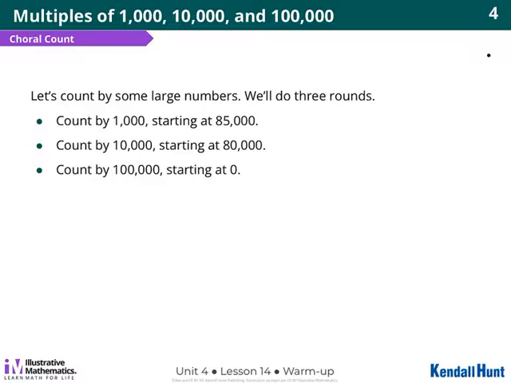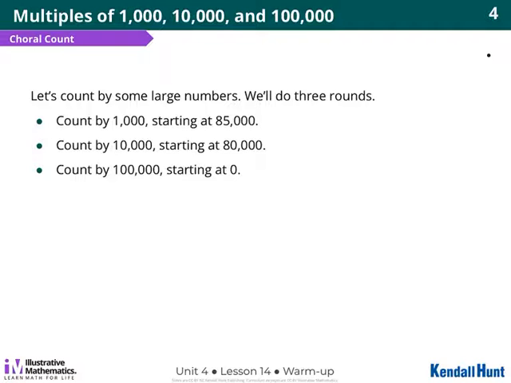Are you ready? 80,000, 90,000, 100,000, 110,000, 120,000, 130,000, 140,000, 150,000, 160,000, 170,000, 180,000, 190,000, 200,000. Good job.